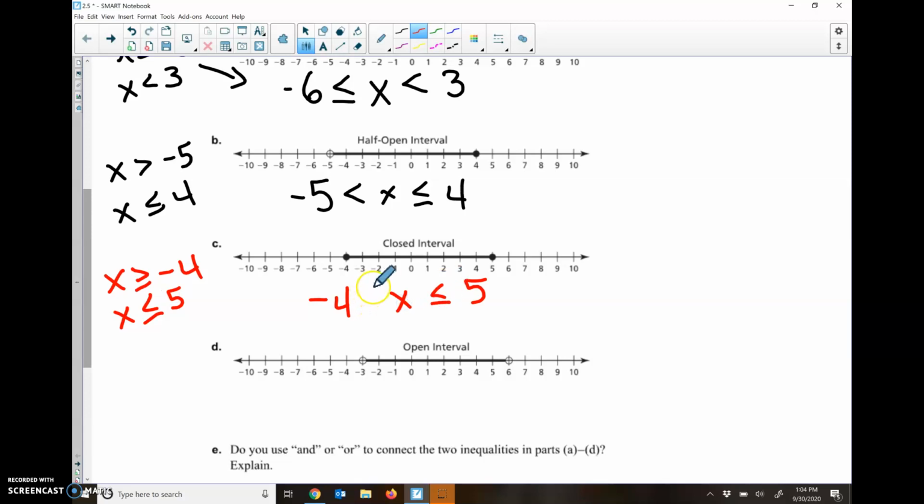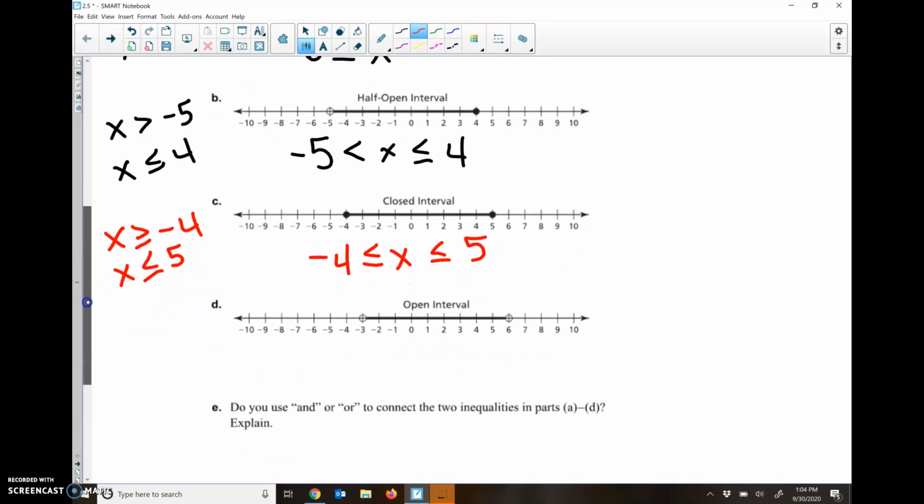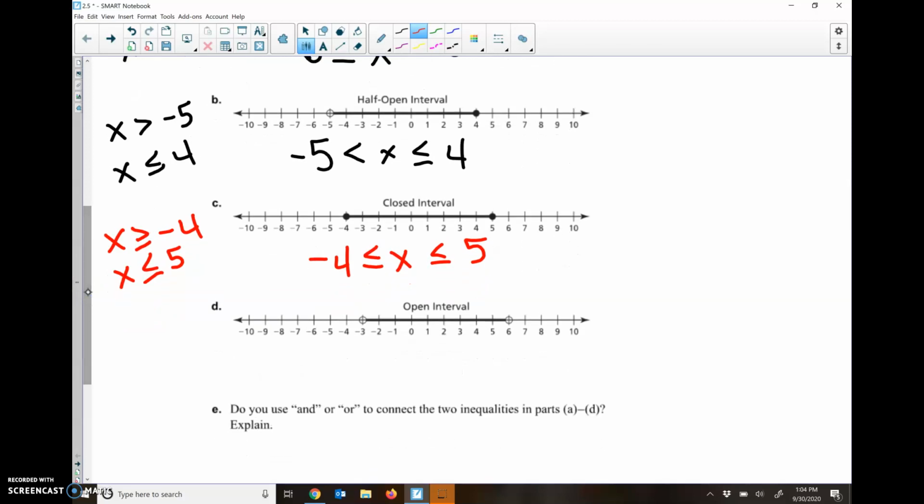So my signs are going to look like that. x is greater than or equal to -4, but x is also less than or equal to 5. Same thing here. We've got a -3 and a 6. So x needs to be less than 6, and x also needs to be greater than -3. Two open circles, so no equal to signs there.